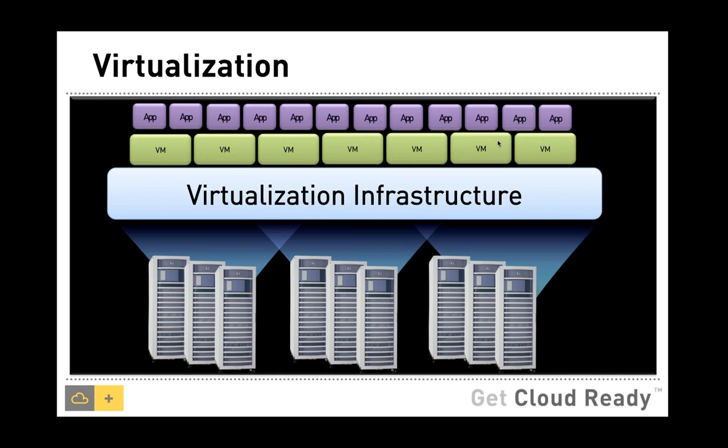So instead of running dozens of powerful servers consuming storage, power, cooling, and administrative resources to manage them, virtualization consolidates multiple physical servers into fewer servers, but the number of logical workloads remains the same. So the virtualization infrastructure will enable enterprises to deal with fewer physical servers, but actually more logical servers.